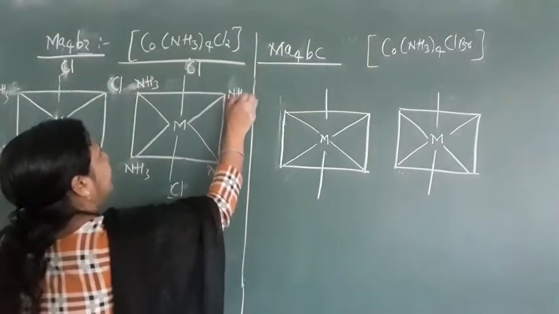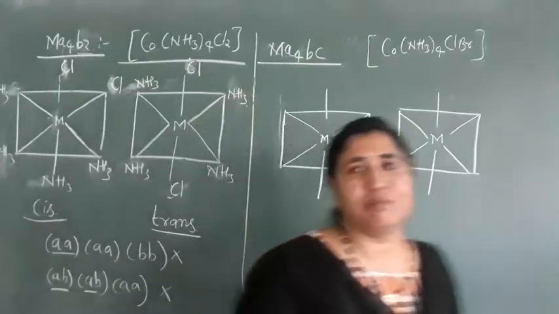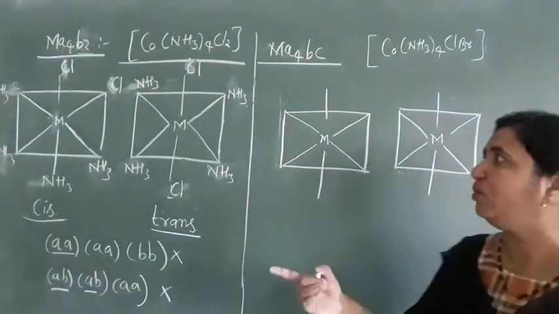They are optically inactive. So a total of 2 geometrical isomers are there in MA4B2 type.